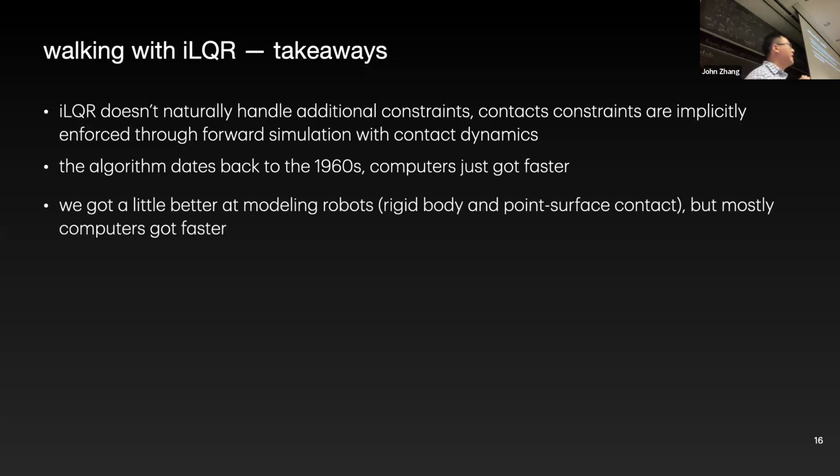Over the last 10, 20 years, there's also been a little progress on robot simulation. These simulators are more accessible, and people now know how to simulate rigid body dynamics and point-to-surface contact pretty well. So that had a little to do with why things are working today. But mostly, compared to the 1960s, computers just got so much faster, and we can take a really old algorithm, throw modern computers at it, and get cool results.